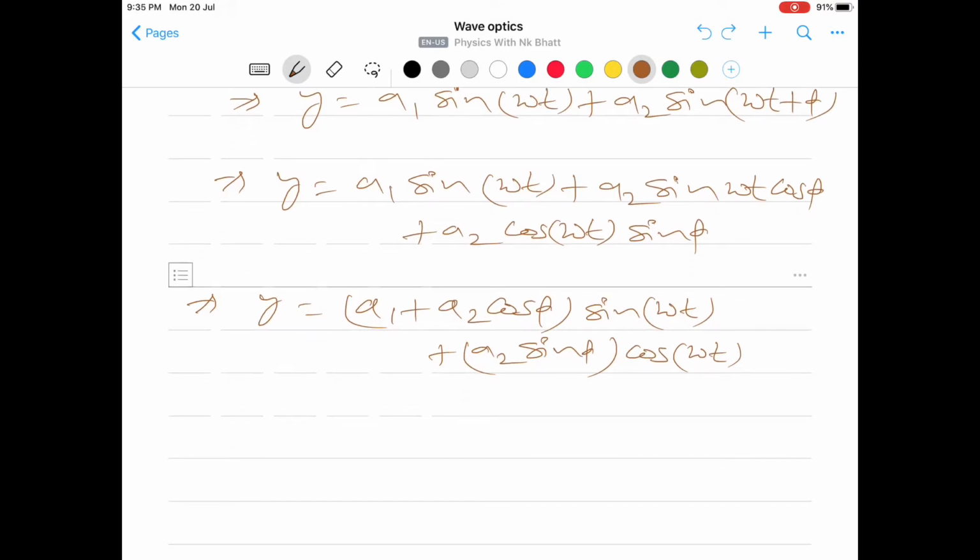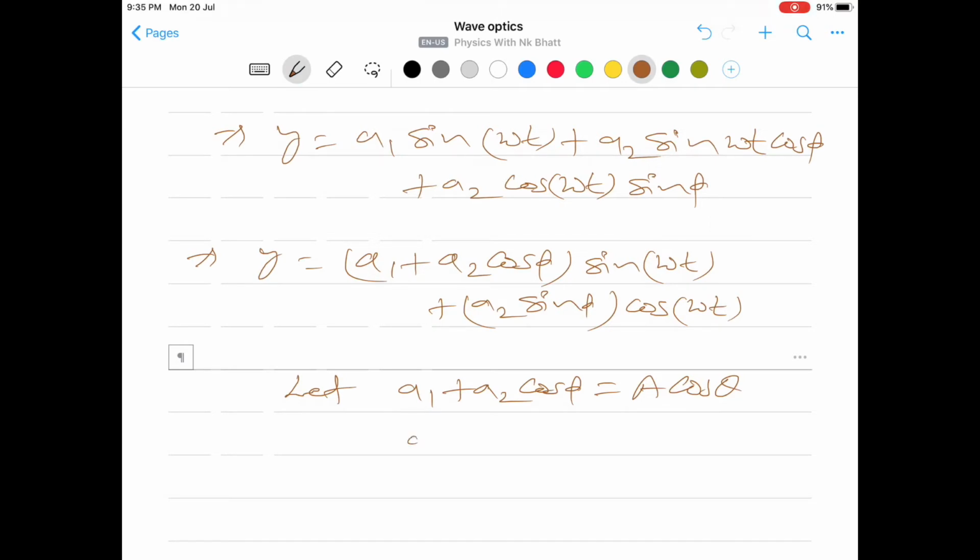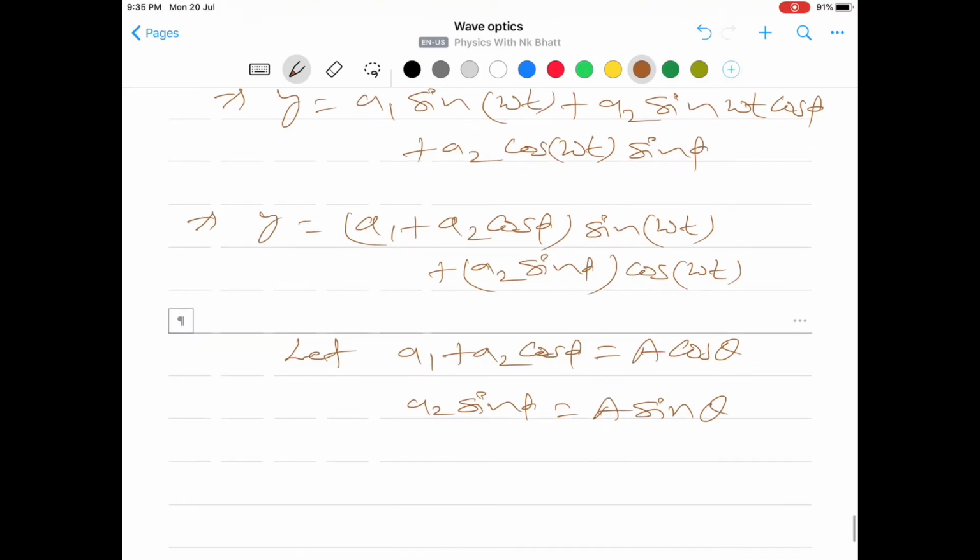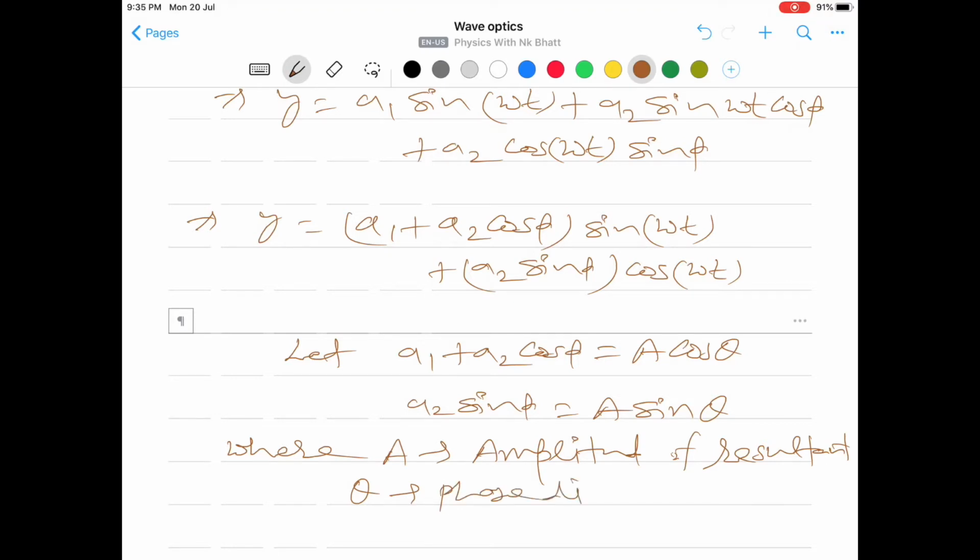You can see in these two brackets whatever terms we are having, these are constants. If you replace them, let a1 plus a2 cos phi is equal to a cos theta and a2 sin phi is equal to a sin theta, where a is the amplitude of the resultant wave and theta is its phase difference.